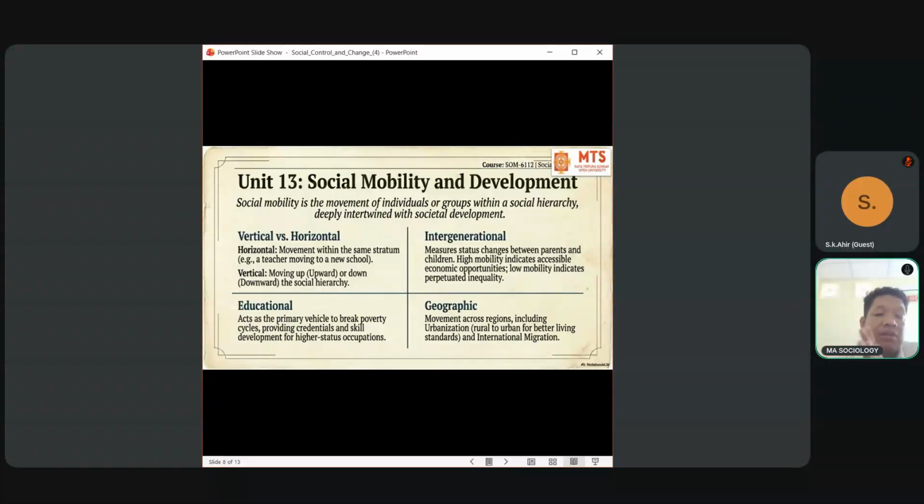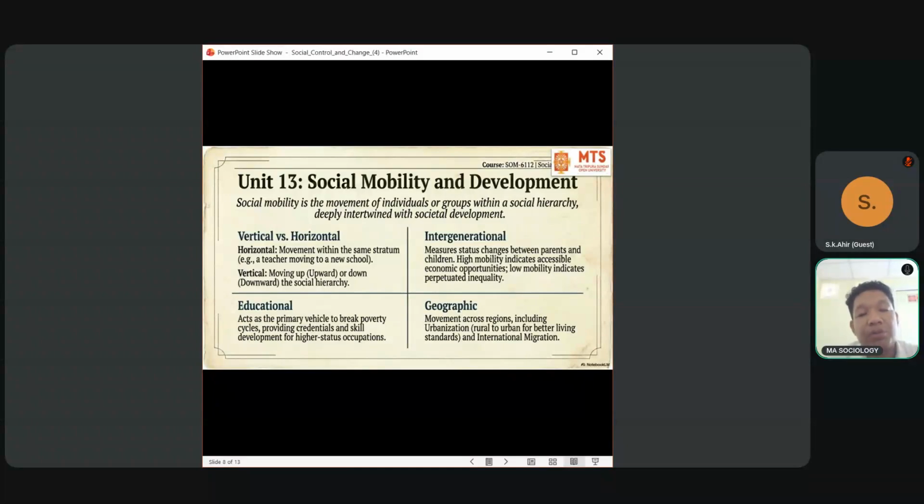What about the geographic? Movement across regions includes urbanization, rural to urban for better living standards, and international migration. Migration is a common activity which takes place in today's world, right?